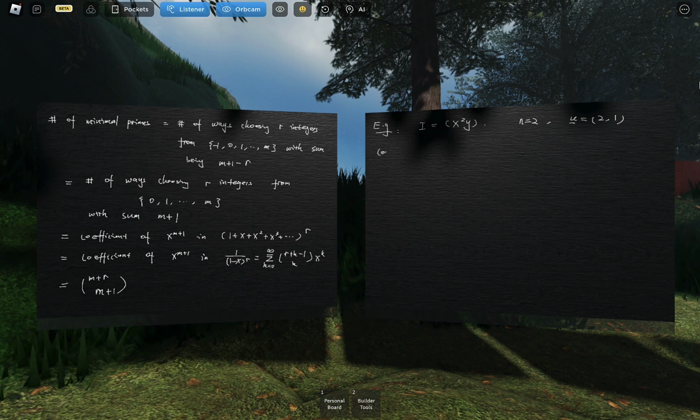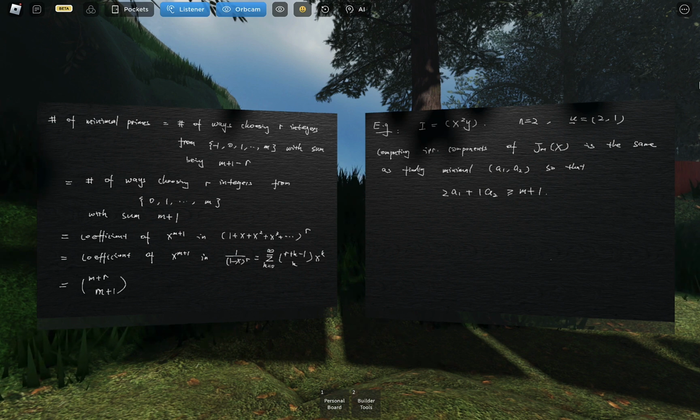So by our theorem, computing the irreducible components of the mth jet scheme is the same as finding minimum pairs such that 2 times A1 plus 1 times A2 is greater than or equal to n plus 1.